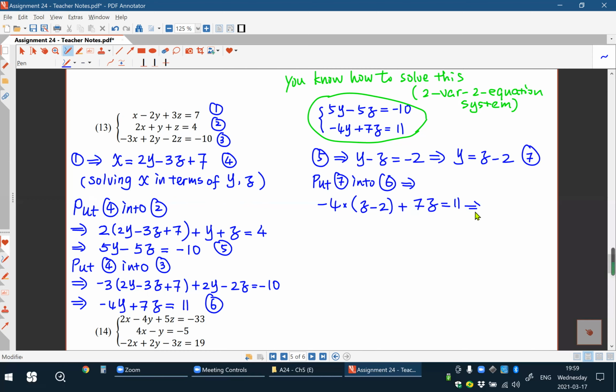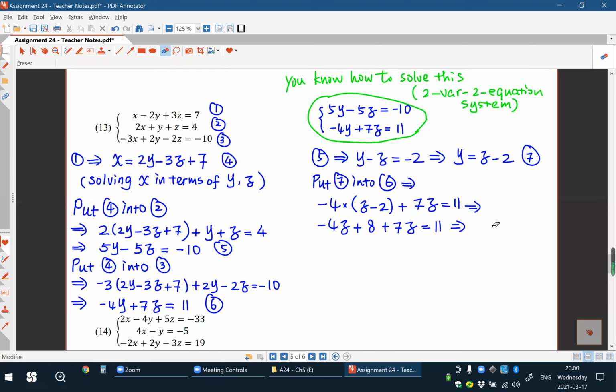That means minus 4z plus 8 plus 7z equals 11. So 3z equals 3, that means z equals 1.